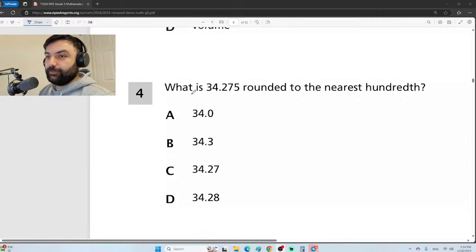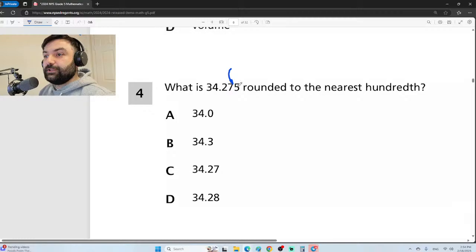We're starting from it. What is 34.275 rounded to the nearest hundredths? So where's the nearest hundred? Where's the hundredths here? The hundredths here is here, right? Yes, the hundredths is the second digit after the decimal point. This is the hundredths.